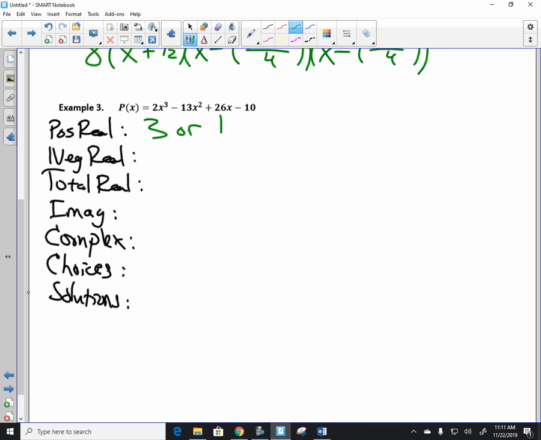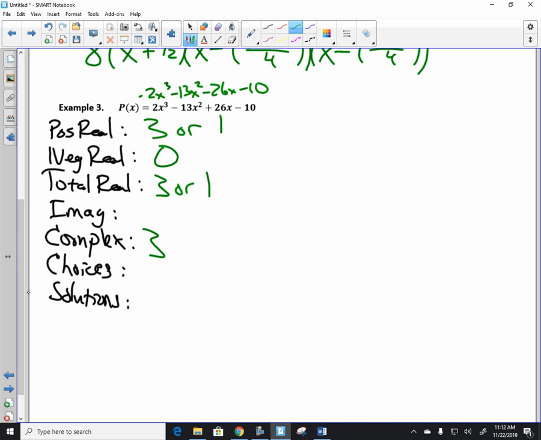I plug in negative x. I get negative 2x cubed minus 13x squared minus 26x minus 10. So how many negative real solutions are there? There are none. So the total real, 3 plus 0 is 3, and 1 plus 0 is 1. How many total complex solutions are there?